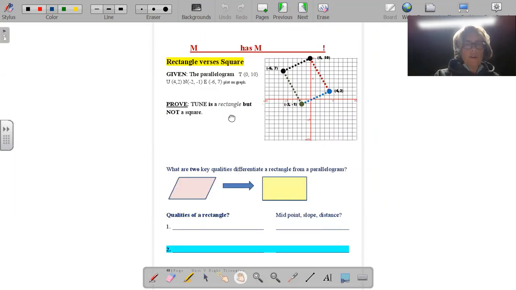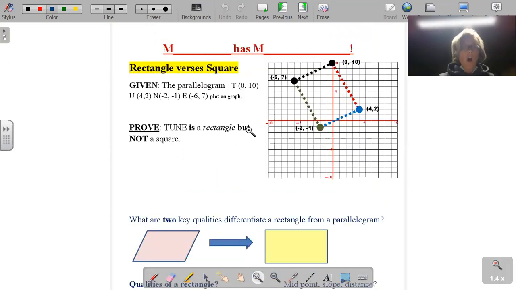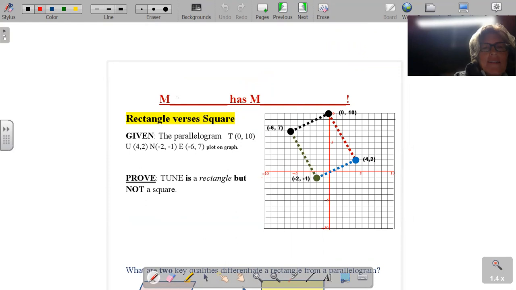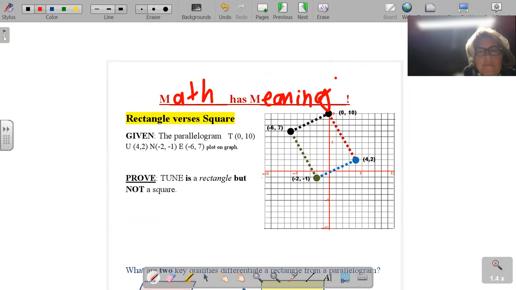We're going to do one more together. We're going to get beyond parallelograms into rectangles, rhombi, and squares. Oh my. Math has meaning. So we are given a parallelogram, T at 0, 10, U at 4, 2, N at negative 2, negative 1, and E at negative 6, comma 7.